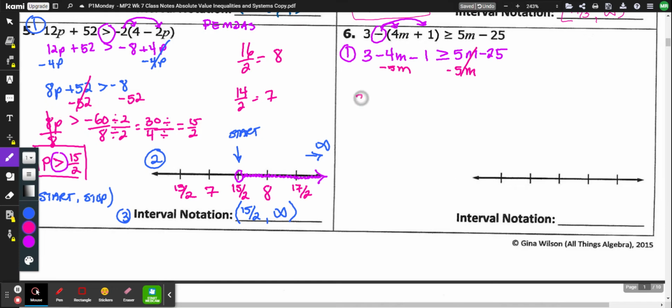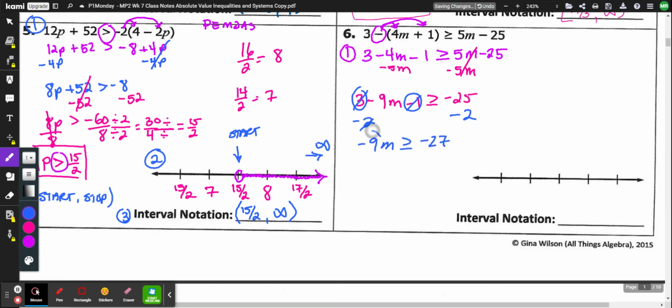And I'm going to be left with 3 minus 9m minus 1 greater than or equal to negative 25. I can do one step here. I'm going to do 3 minus 1, which is 2. And I'm going to subtract 2 from both sides. That'll cancel both of those out. 9m greater than or equal to negative 27.